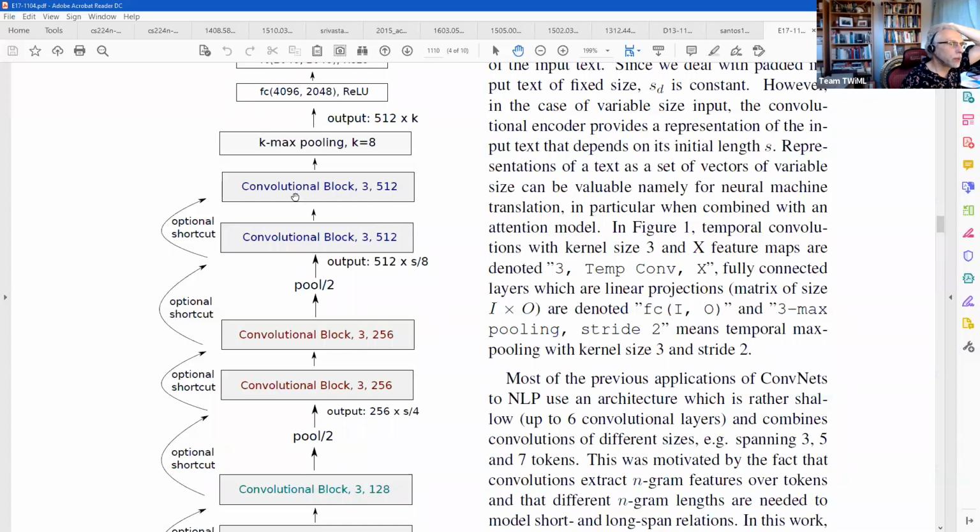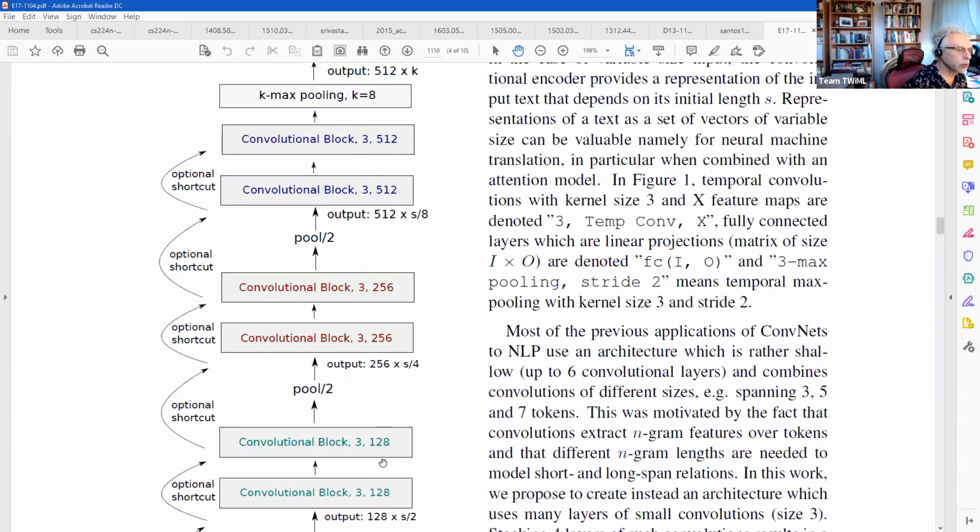Another bunch of blocks. Okay, and this is not max pooling, this is pooling over 2. So it basically means you're averaging every 2 neighboring weights together. So you've doubled the number of filters, but then you get back to the same number of weights by the pooling layer.